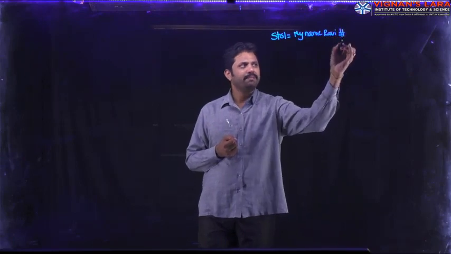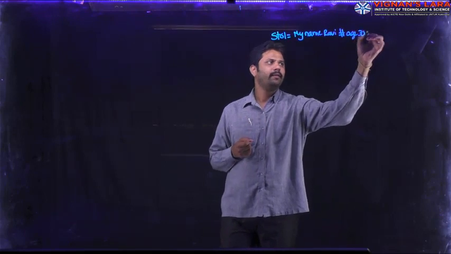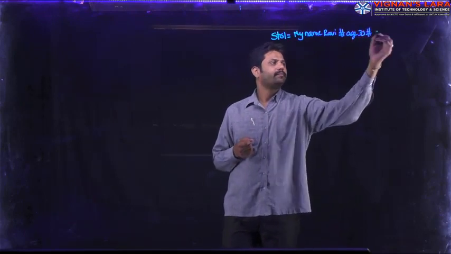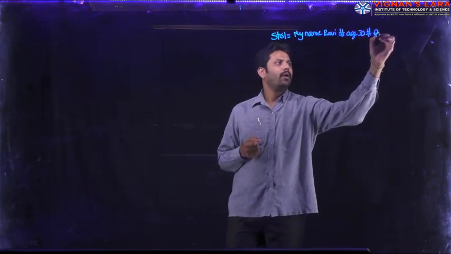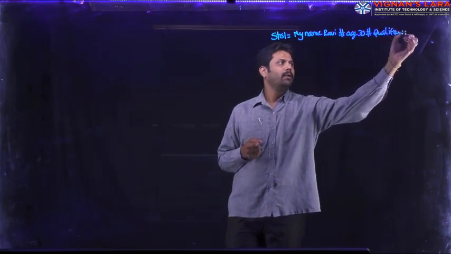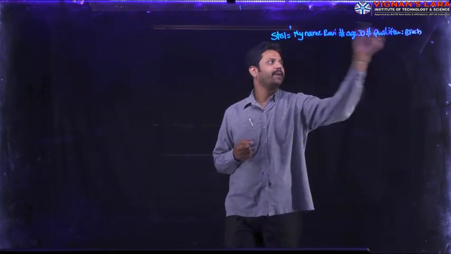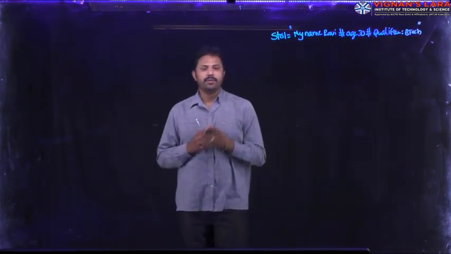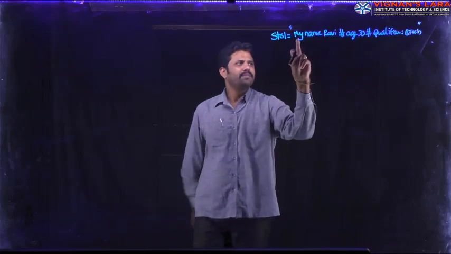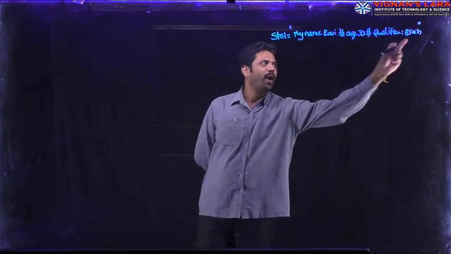I use a symbol hash, age 30, hash qualification BTech. This is my string. This contains my name Ravi, hash age 30, hash qualification BTech. This is the string I have.